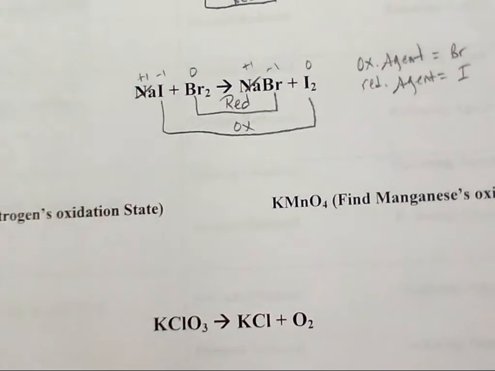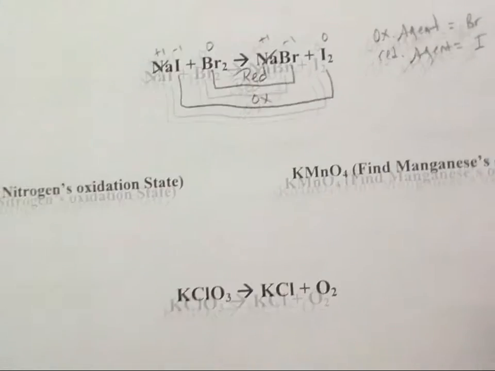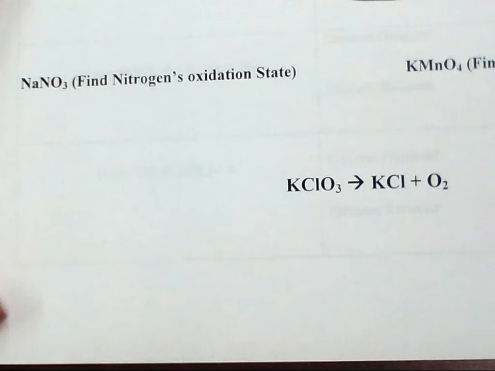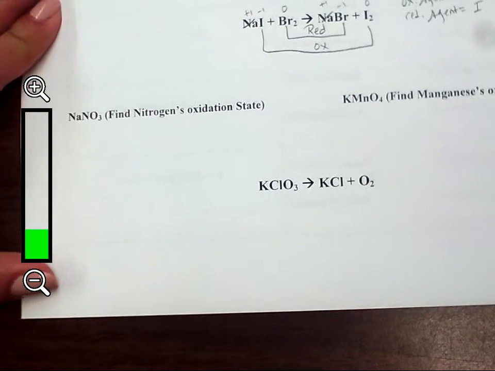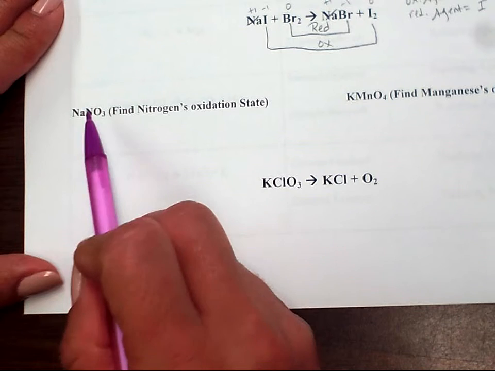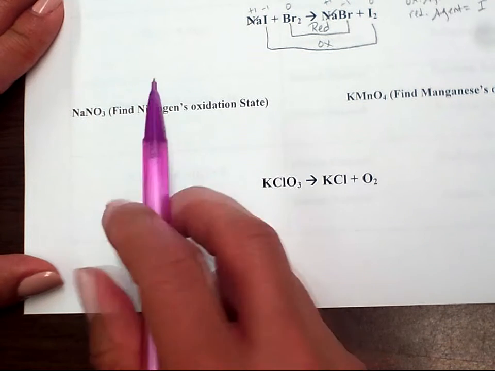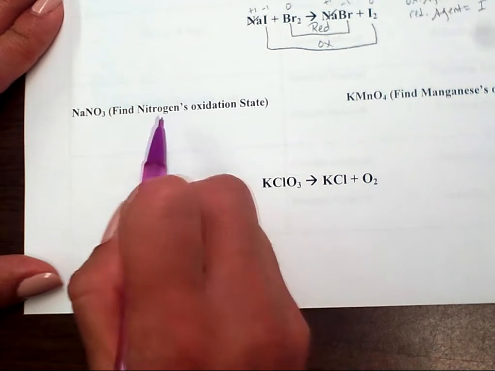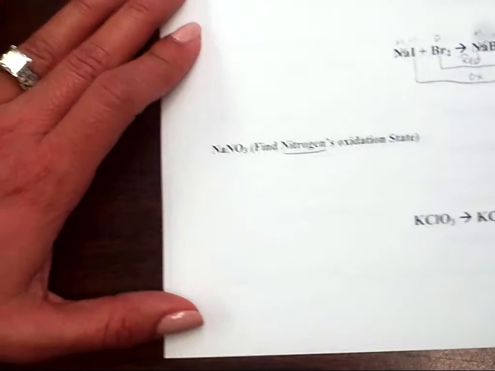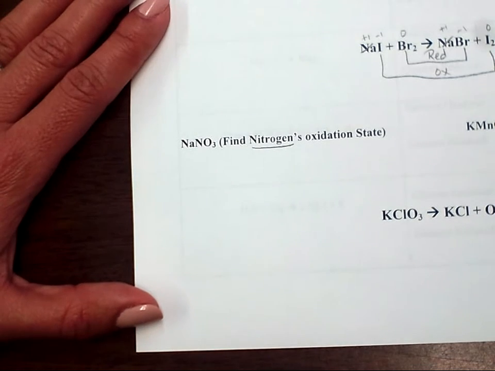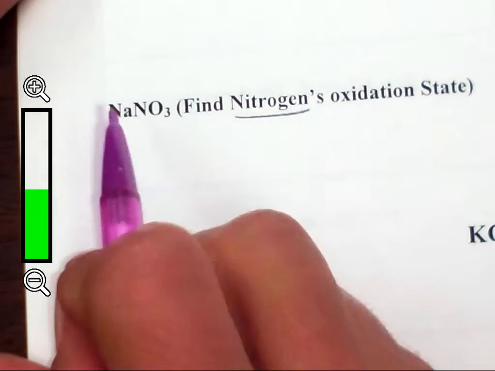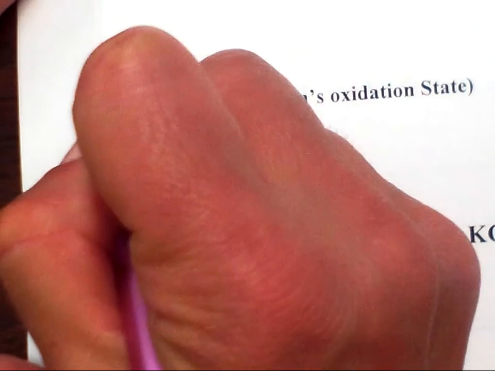Okay, the last thing that you need to know for this lesson, and it's very easy, thank God, we need something easy at this point. We have a compound, and they want us to find the oxidation state of nitrogen. If you look up the oxidation state of sodium, you would see that it is a +1.